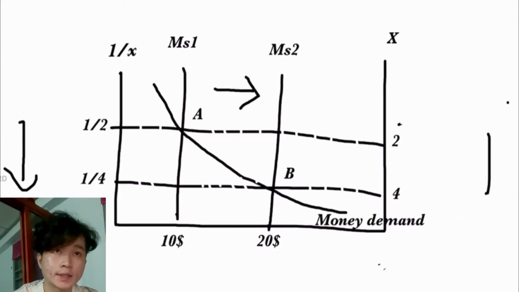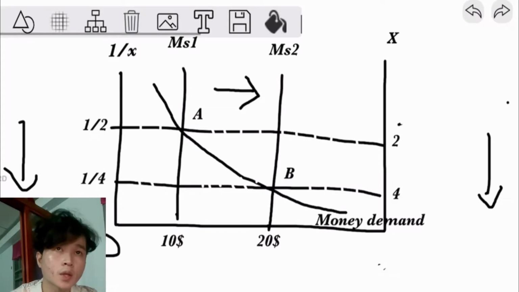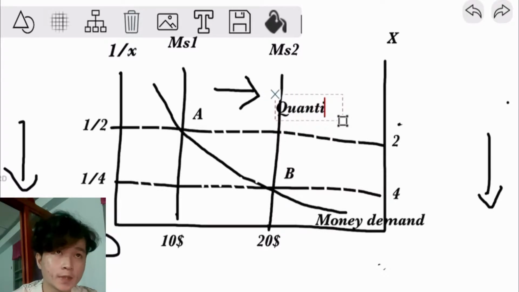When the Fed increases the supply of money, the money supply curve shifts from MS1 to MS2. The value of money on the left axis and the price level on the right axis adjust to bring supply and demand back into balance. The equilibrium moves from point A to point B.